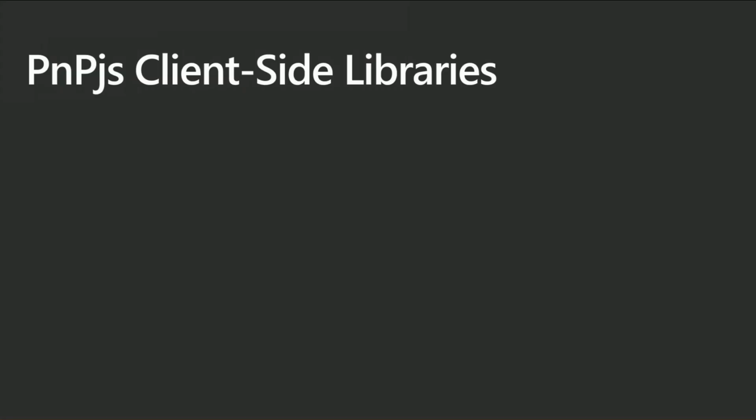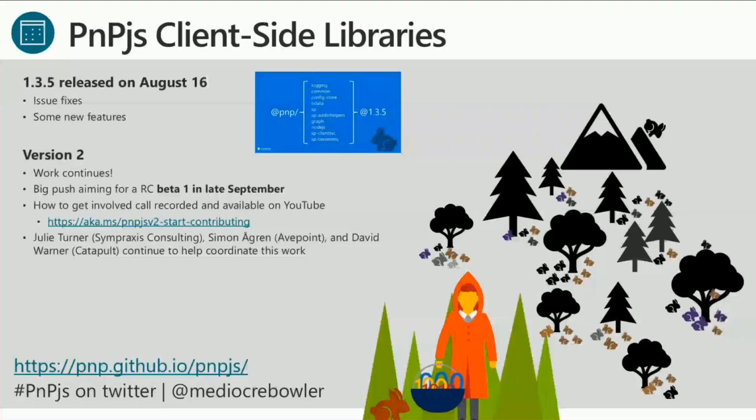What about PnP JS and the client-side library for SharePoint Framework, and not only for SharePoint Framework? Well, PnP JS is growing as well. We had a new release in August 16 with some fixes and some new features, and there is continuous work on version 2 of the PnP JS library.